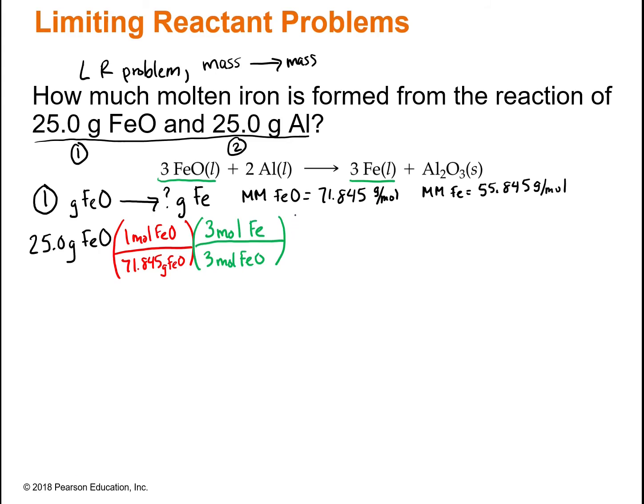The final piece is finding out the number of grams of iron that we're going to make at the end. The grams go on top from your molar mass of iron, and moles go on the bottom. We make sure everything cancels.